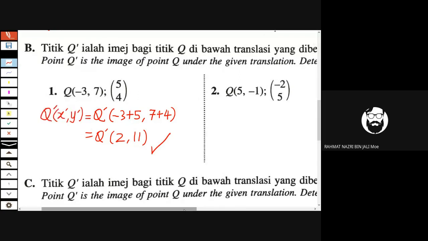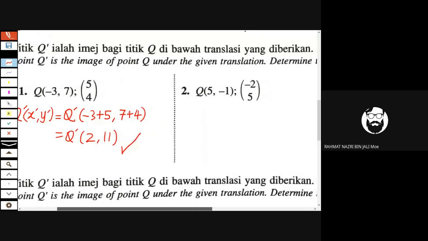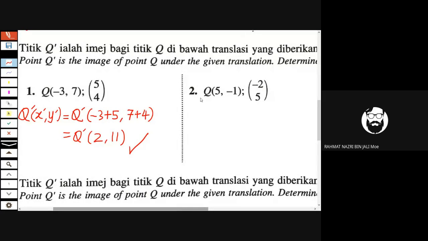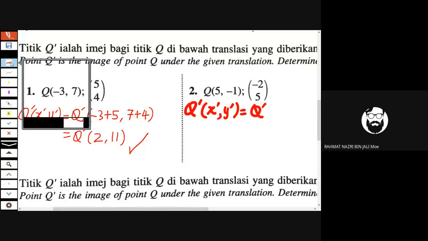Nombor dua sama juga formula yang sama. Nombor 2. Kita cari Q prime. Q prime with the coordinate X prime, comma Y prime is equal to Q prime.